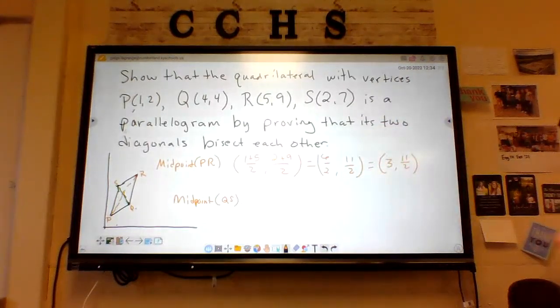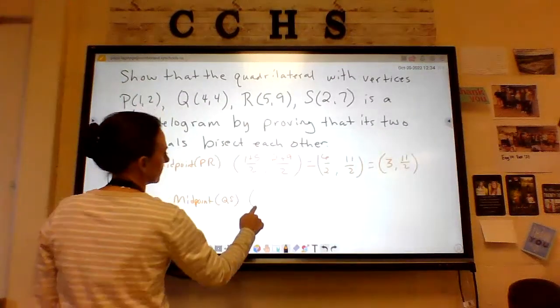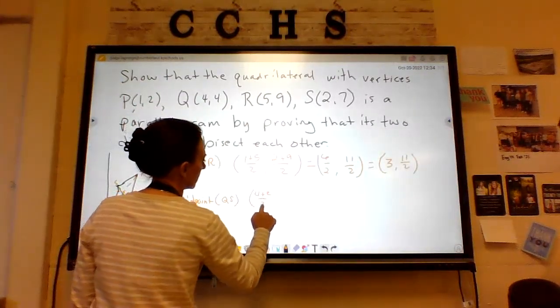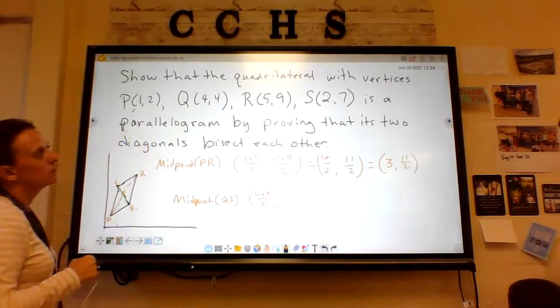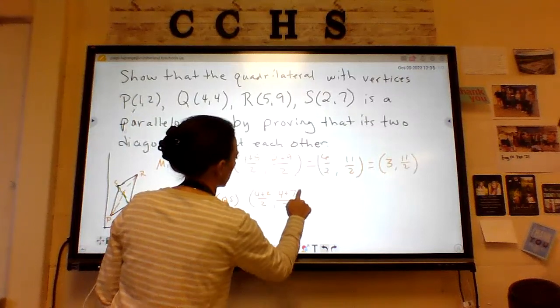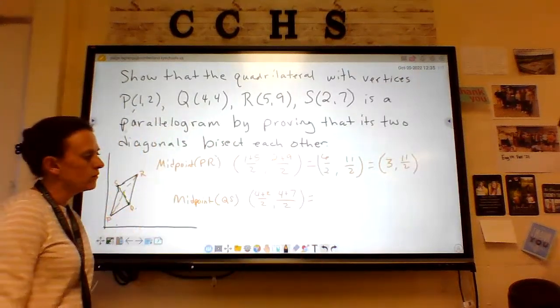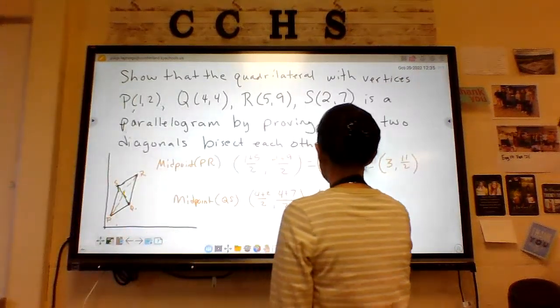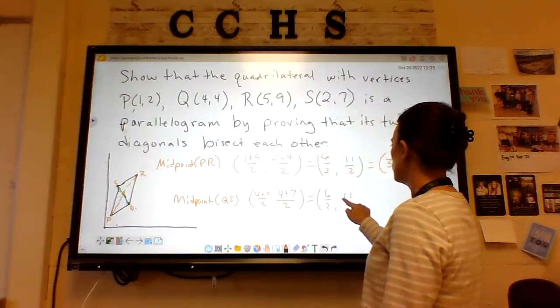What about QS? 4 plus 2 over 2. Good. And 4 plus 7 over 2. And that turns into 4 plus 2 is 6 over 2. And 11 over 2 again.